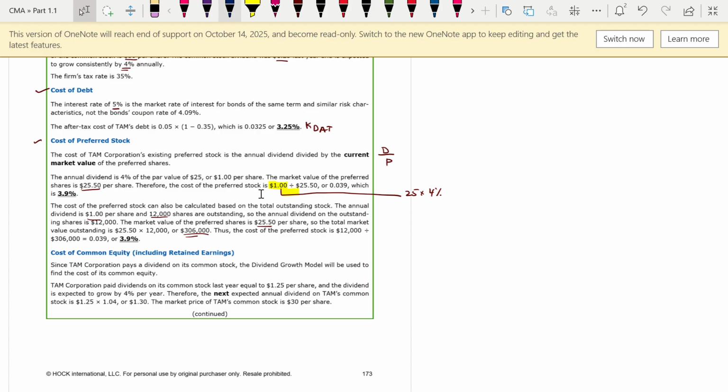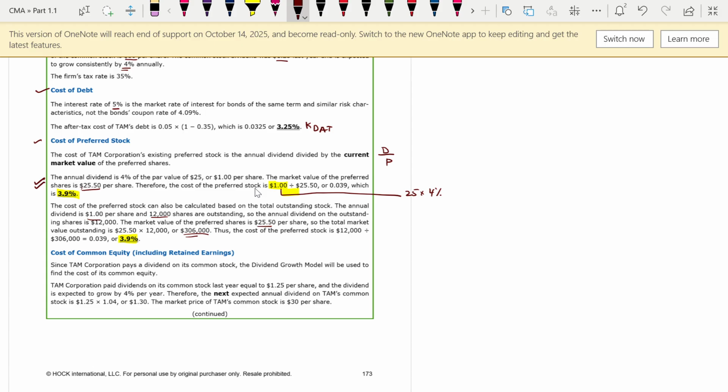Technically speaking, it is unnecessary, because whether you do it like this or like this, the answer is the same. Take any one. We'll take the simplest one.